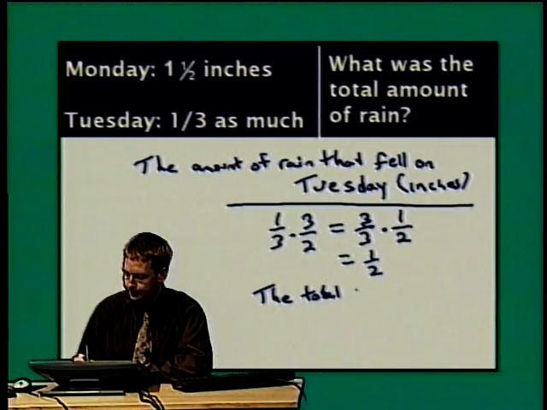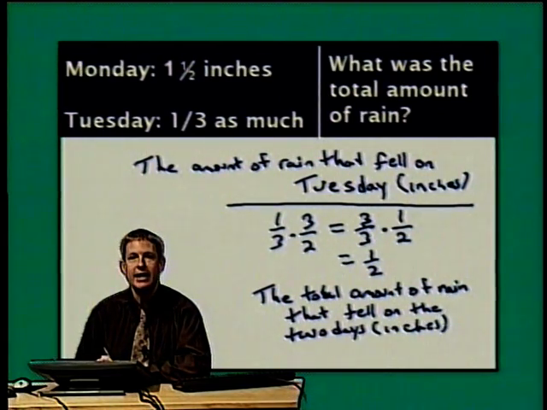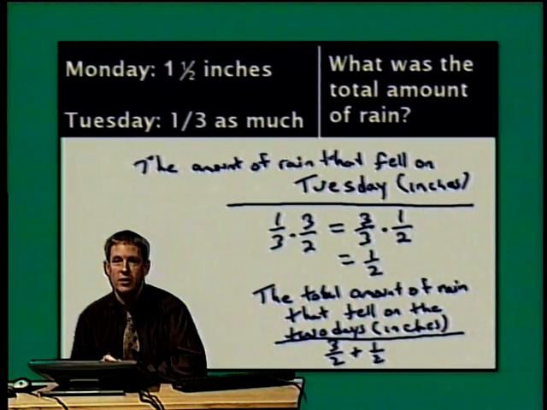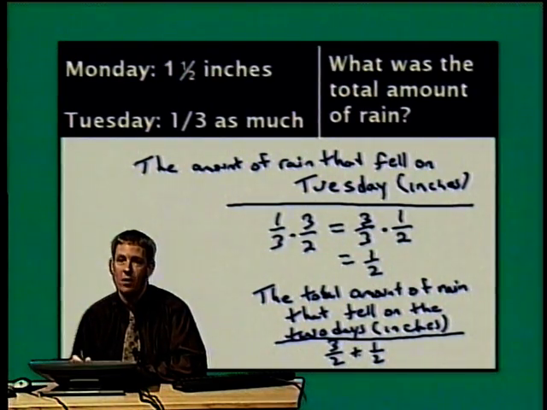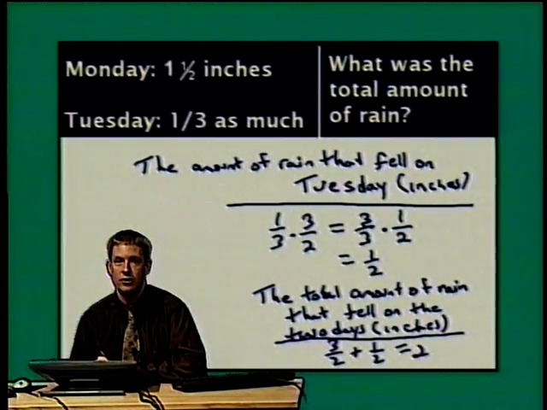The total amount of rain that fell on the 2 days, again measured in inches, is the amount that fell on Monday, which is 3/2 inches, plus the amount that fell on Tuesday, which is 1/2 inches. 3/2 and 1/2 is 4/2, and 4 divided by 2 is 2. So there was a total of 2 inches that fell on the 2 days.